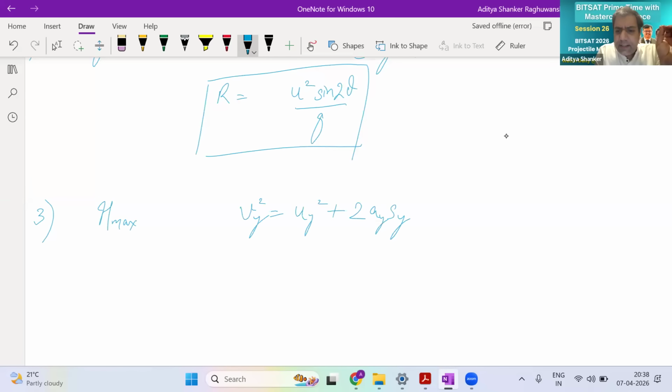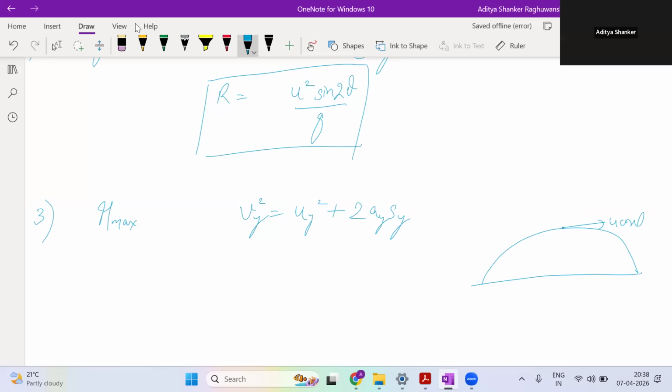Now, when it reaches height maximum, what actually happens? Think about it. At height maximum, the vertical velocity will become zero. That time, only horizontal velocity will be there. Only horizontal velocity is going to be there, no vertical. Because if it has vertical velocity, it will go further. Hopefully, are you getting? It will further go up.